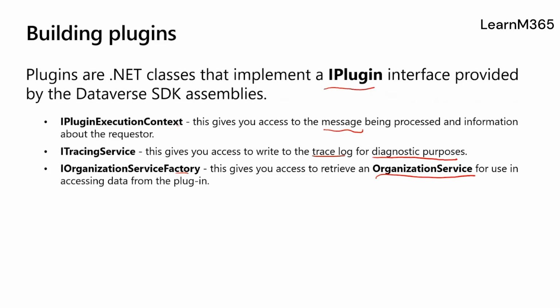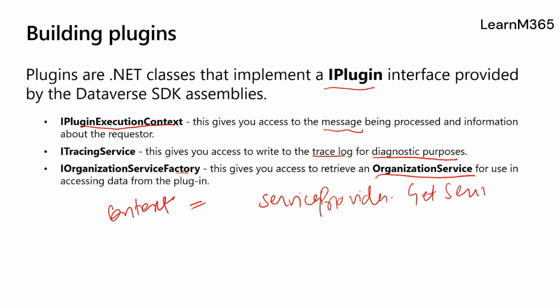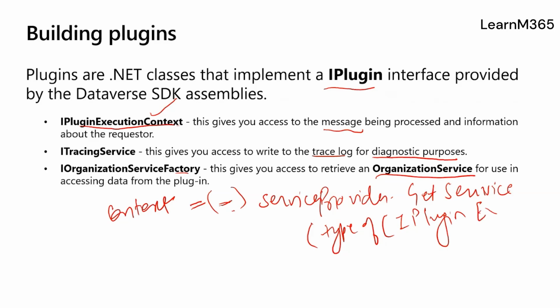You would be writing something like this: the context, then you would be getting the serviceProvider.GetService, and here you would be doing the typecasting, specifying the type of IPluginExecutionContext.